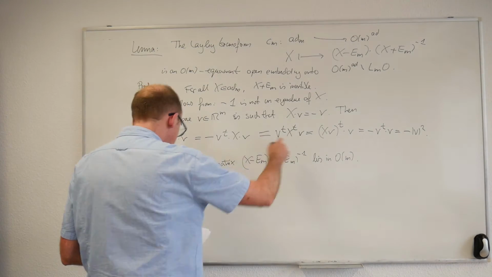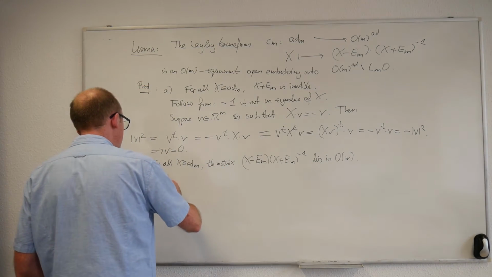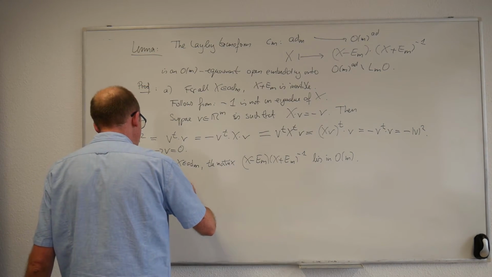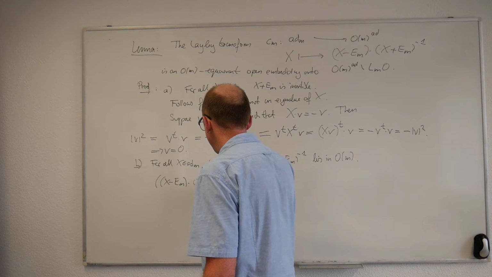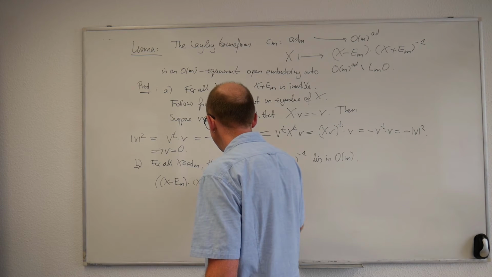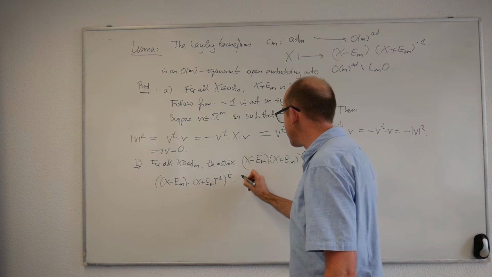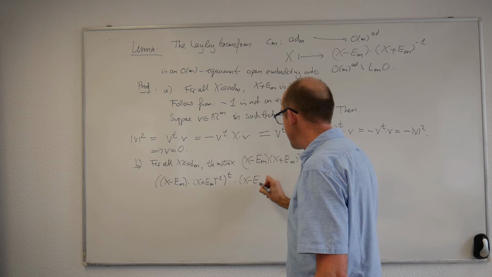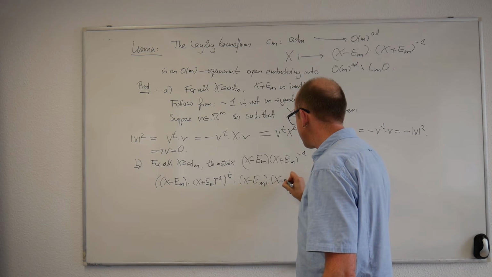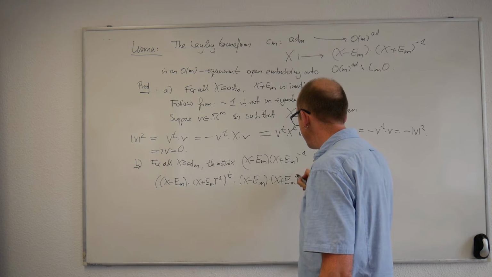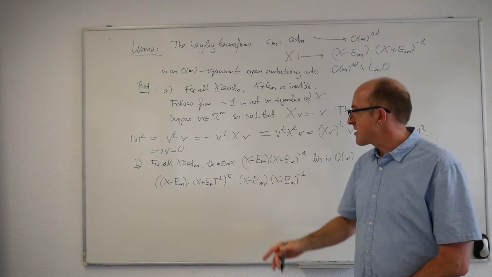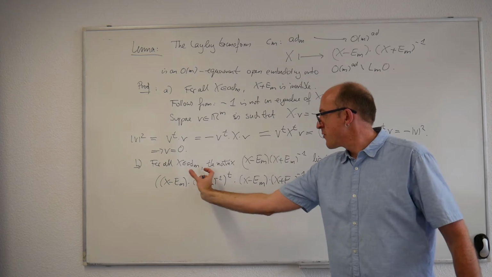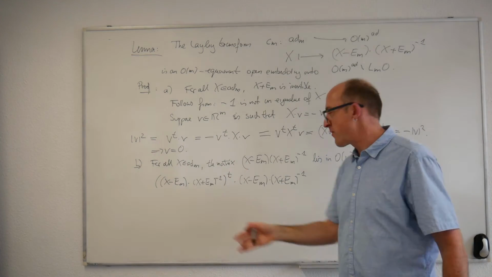So let me take this matrix to the transpose, so (x minus e_m times x plus e_m inverse) transpose, then multiply it with this matrix, x minus e_m times x plus e_m to the inverse, and now we're going to analyze this expression. So transpose is an anti-automorphism, so I can put it through by interchanging the order, and I can put it through the inverse.